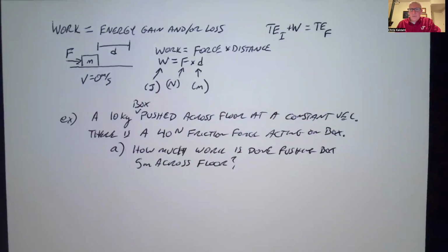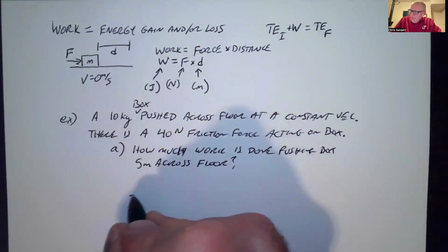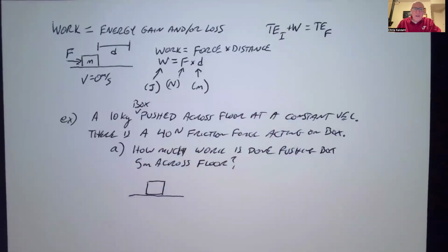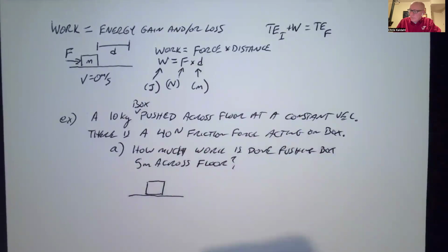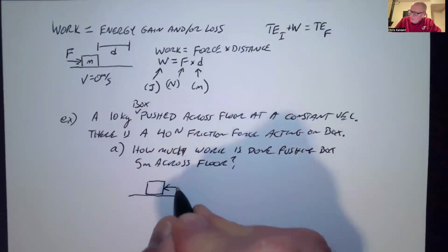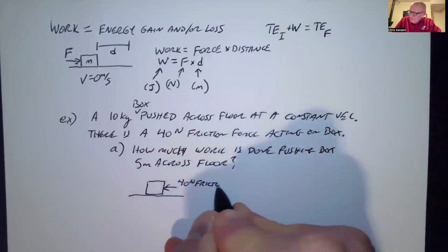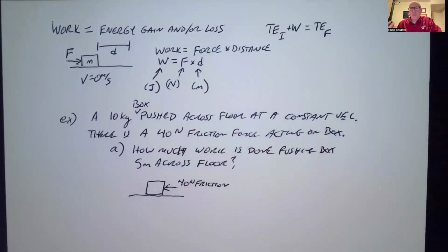Okay, well, how would we do this? Start by just thinking about a little force diagram here. We know that in order to push this box, I'm going to have to overcome a 40 Newton friction force. So that's going to be fighting me. And so if I push with only 30 Newtons, that's not going to be enough to overcome friction. If I push with 35, that won't be enough.